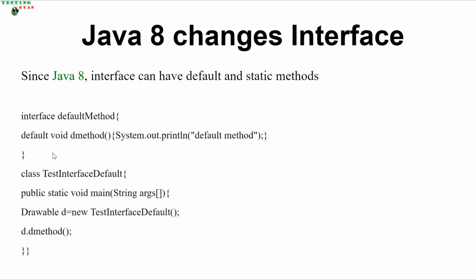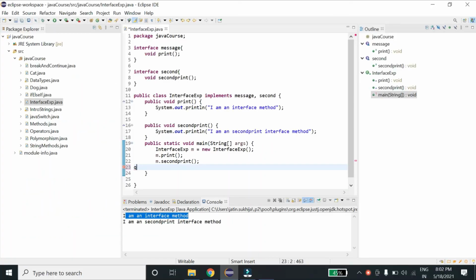But the catch is I have to declare that method as default, and that method is not required to be defined in the class which implements this interface. You can see that in my class, I forgot to type implements over here, but I have not declared this method. Let's see in Eclipse how it works.